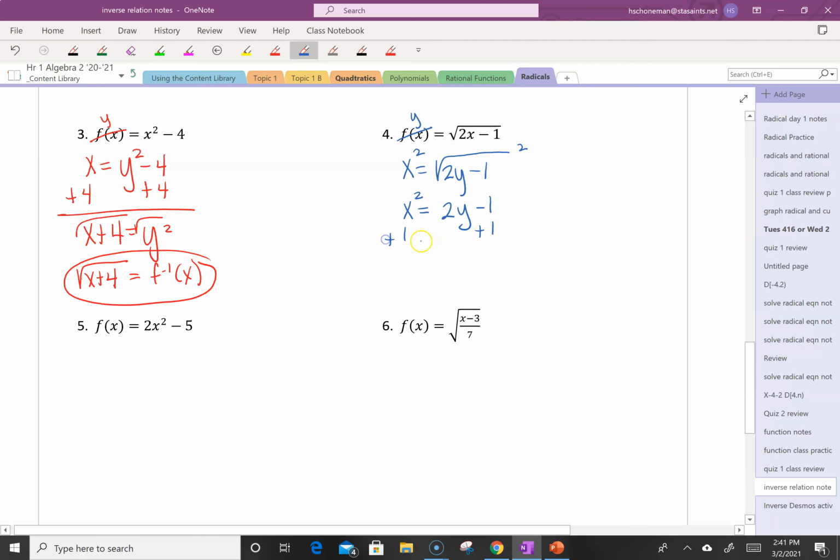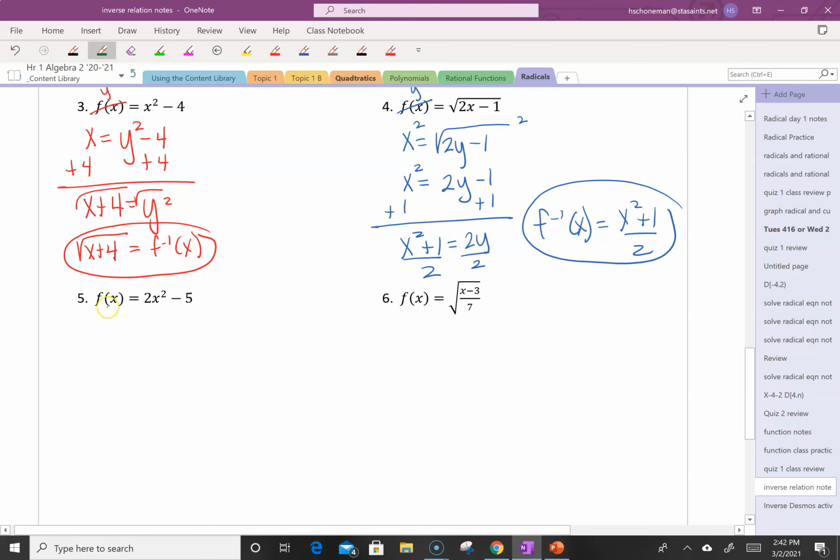So now I need to add 1 to both sides. So I have x squared plus 1 equals 2y, divide by 2, use our function notation, so the inverse of function f is (x squared plus 1) over 2.